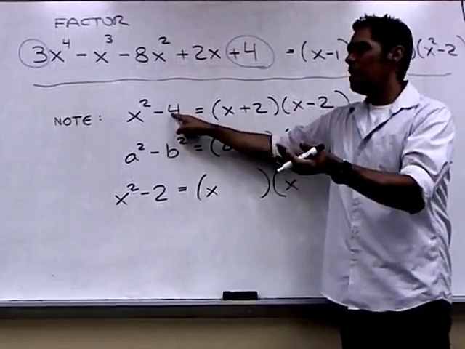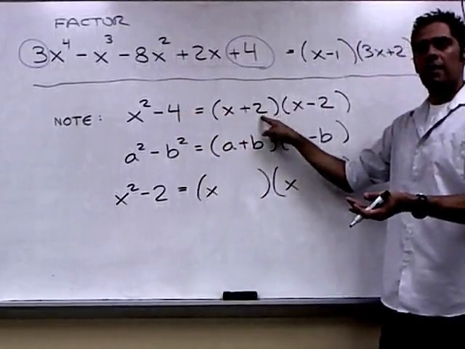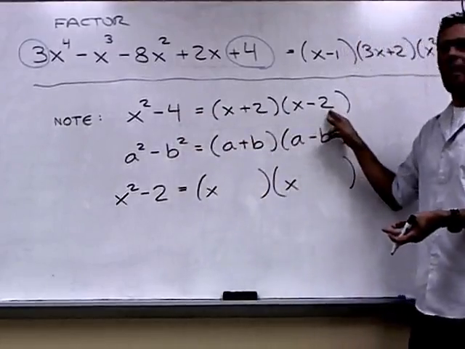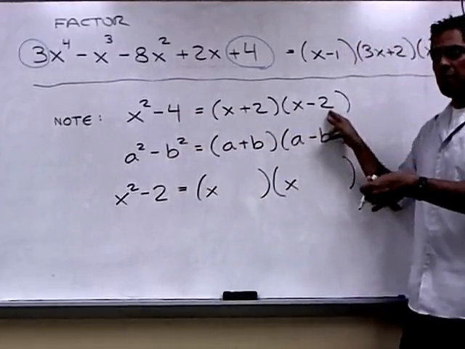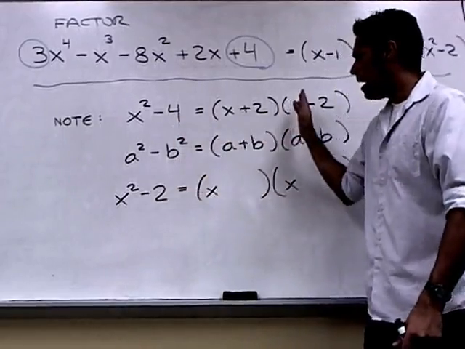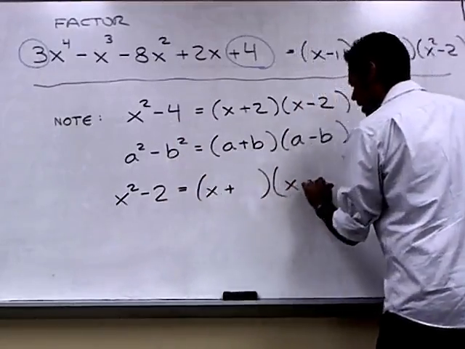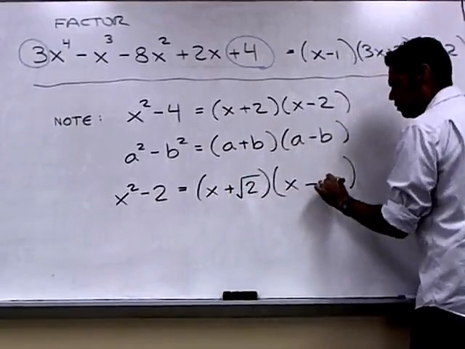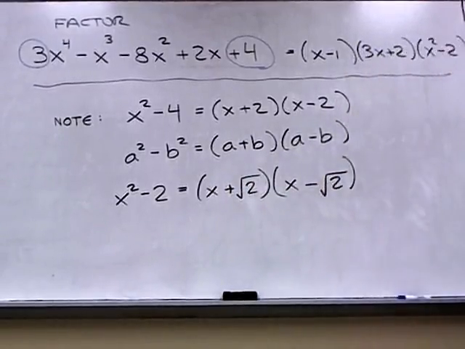Or if that was a 9, this would be a 3. Isn't 3 the square root of 9? If this was a 25, this would be 5 and 5, just the square root of 25. So if I have a 2 here, following the same pattern, I should have plus and minus, but what here? The square root of 2. Is the square root of 2 a number? Sure.